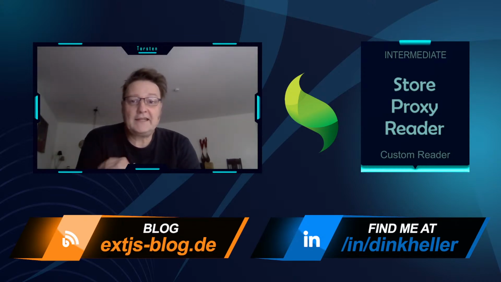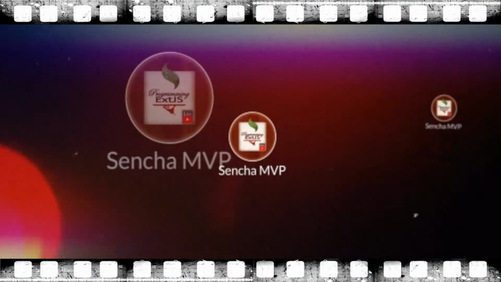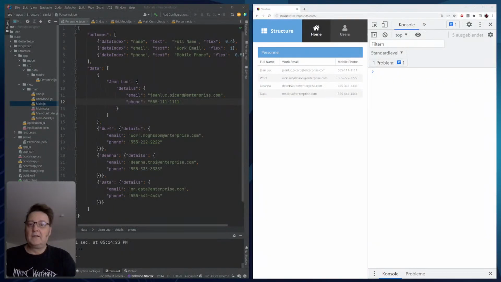Let's take a look at what I prepared for you today. I am assuming that we get data from the backend, which hasn't been set up properly so that we can use it right away. What we want to have at the end is a store, a grid, which shows this data.